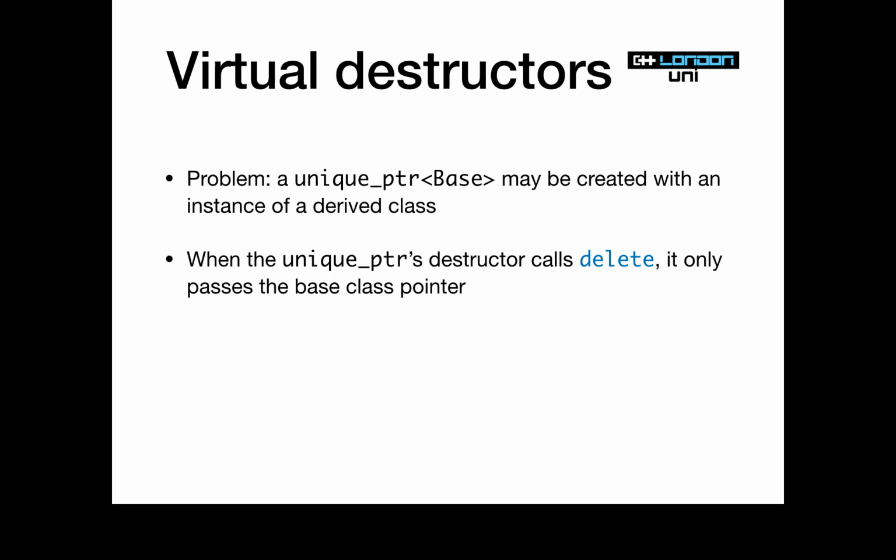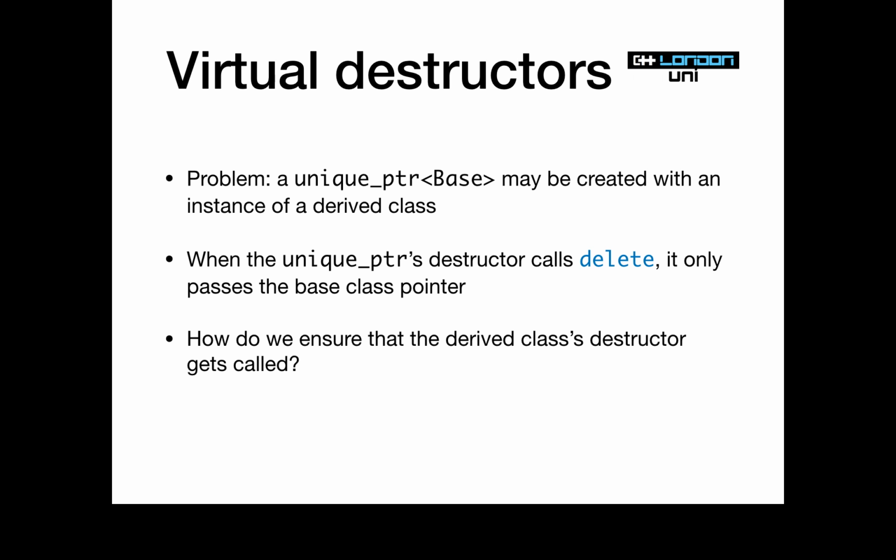It doesn't know that this pointer really points to a cat. It only knows about the animal bits. So when delete runs the destructor, it's only going to run the animal destructor. It's not going to run the cat destructor. So how do we ensure the derived class's destructor gets called? Well, we have to use something called virtual destructors, which there's a slightly big hint on the top if you hadn't done that originally.